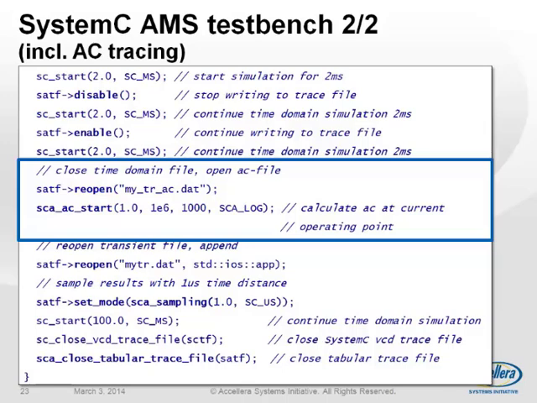The trace file handle also provides certain additional parameters through the set_mode function, where you can set, for example, the format of the results which are stored in the trace file. For example, you can have polar coordinates of the complex results or decimal degree representation.